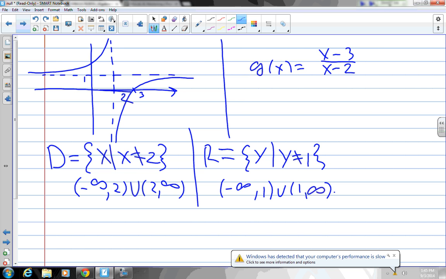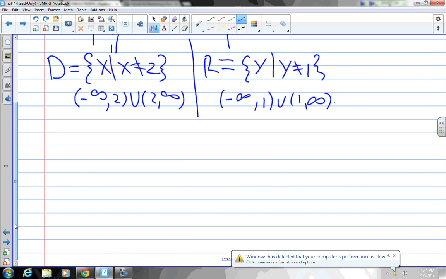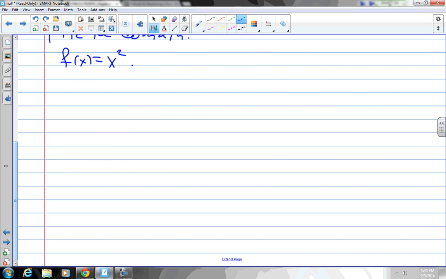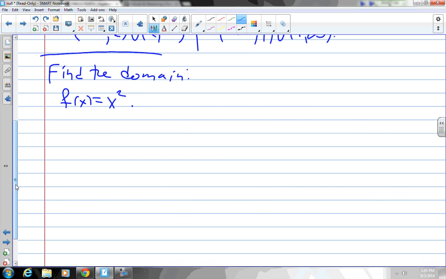Okay, let's try a few more examples, just finding the domain. So find the domain. How about this one? f of x equals x squared. What is the domain of that function?